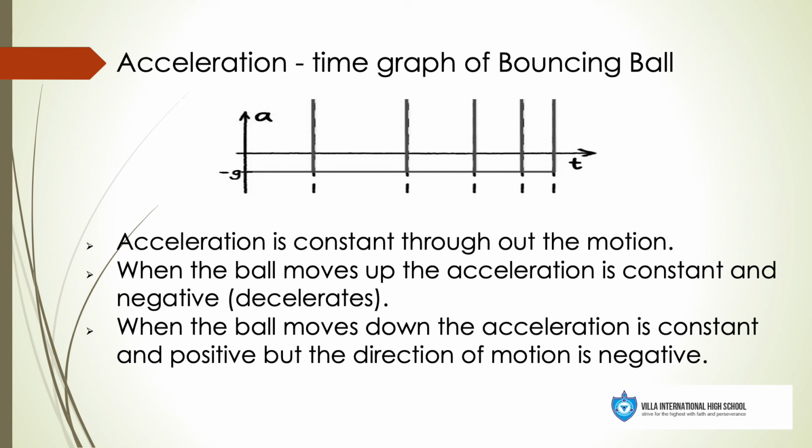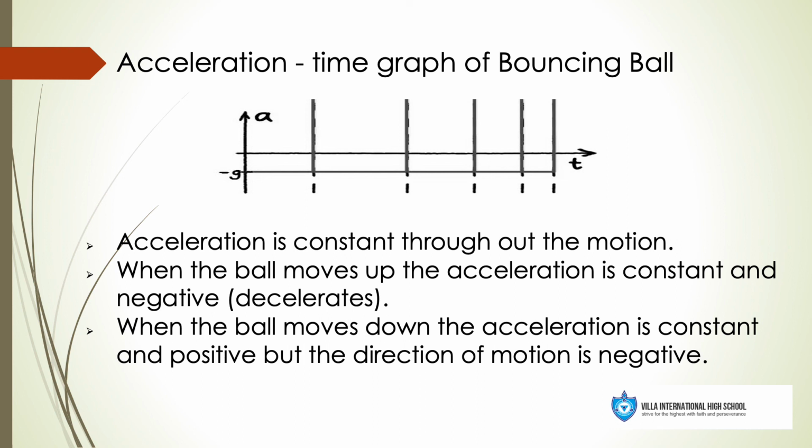So that's why we draw it on the negative side. Then when the ball moves down, the acceleration is constant and positive, but the direction of motion is negative. We already said the downward motion we considered as negative. So the moving back also we draw on the negative side.